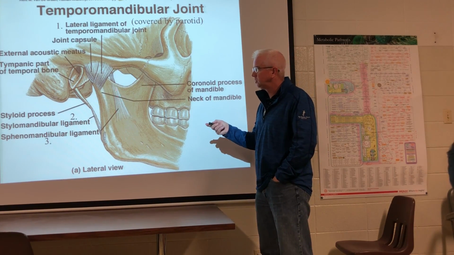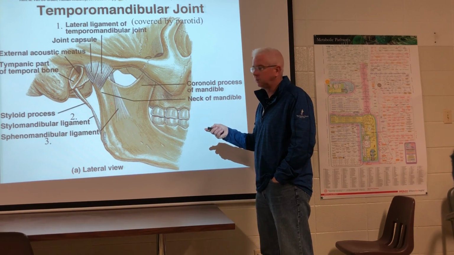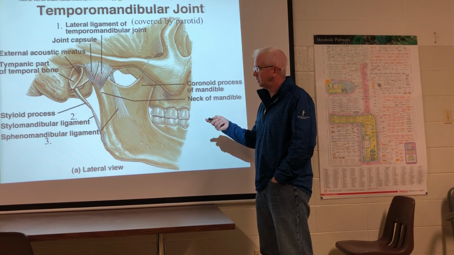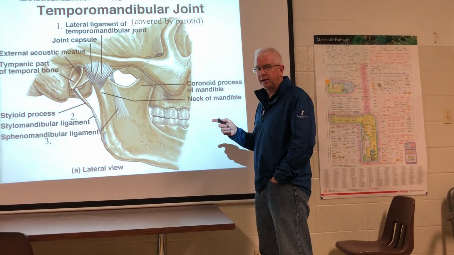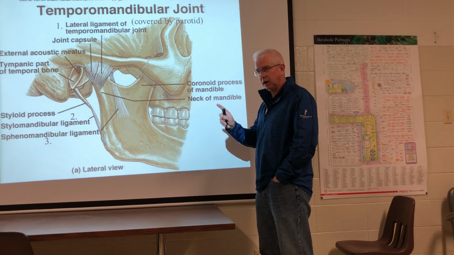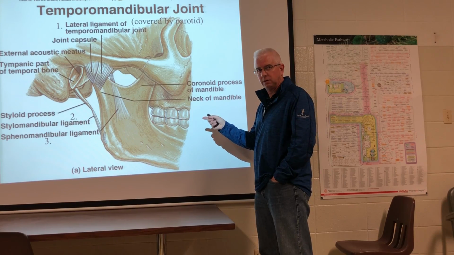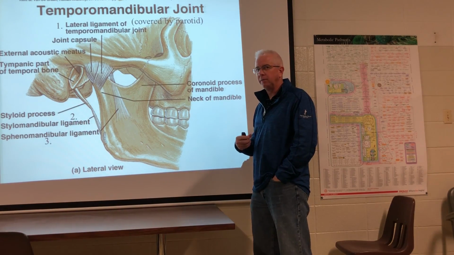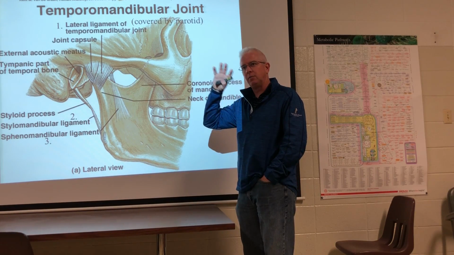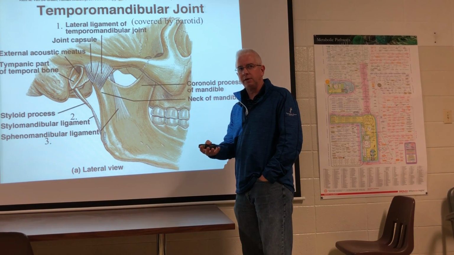Now you can see on this picture something that I always point out to you. This thing looks a lighter color than this does. And the reason for that, remember, is that ligament is on the other side of that bone. So the sphenomandibular ligament, in order for it to get to the lateral side of the mandible, would have to come across the top of it.